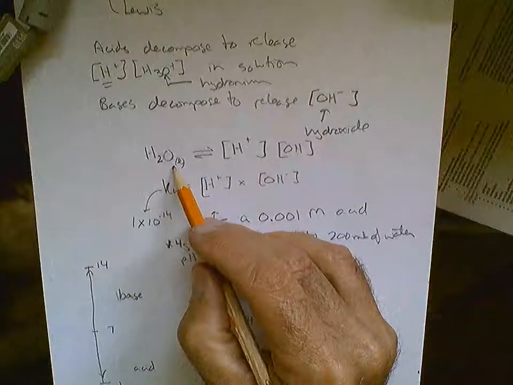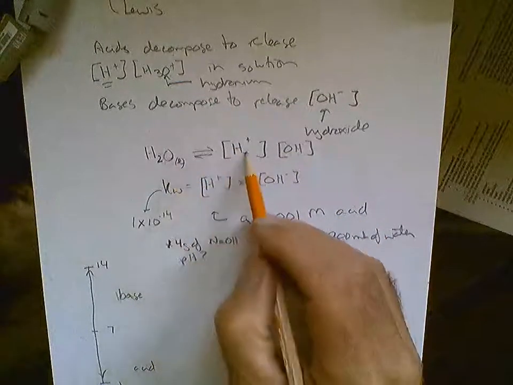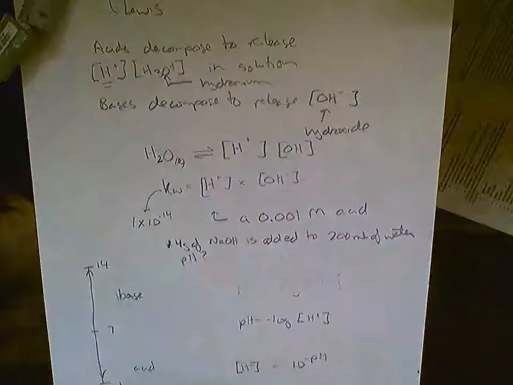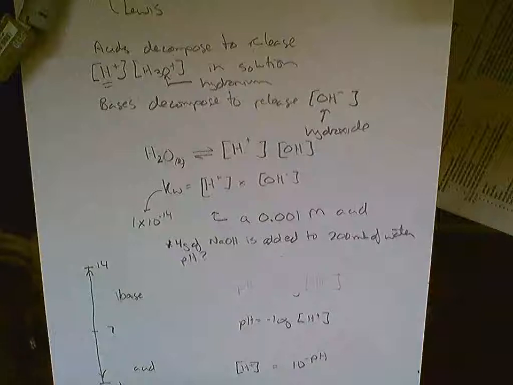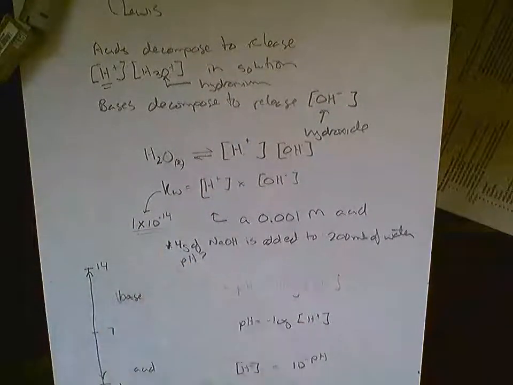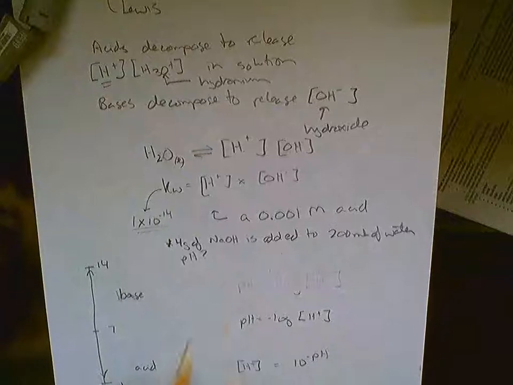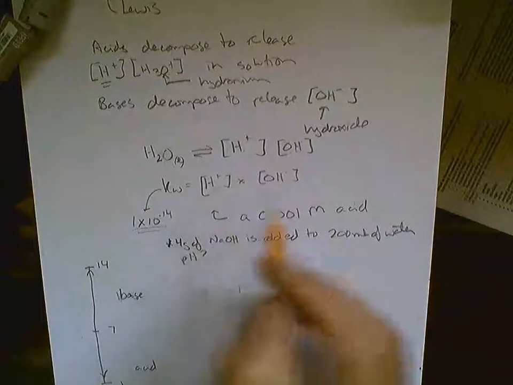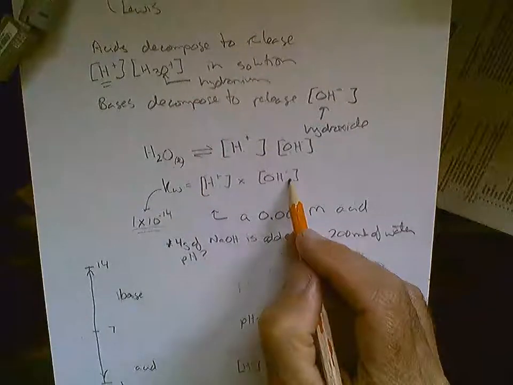So a very, very small portion of water is breaking down into H plus and OH negative ions, and then they reform into water.